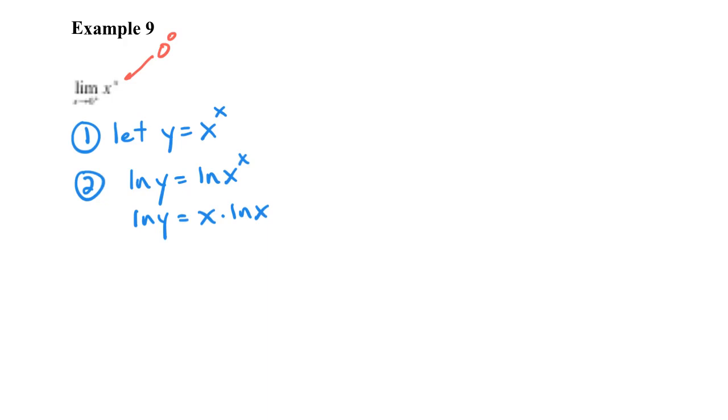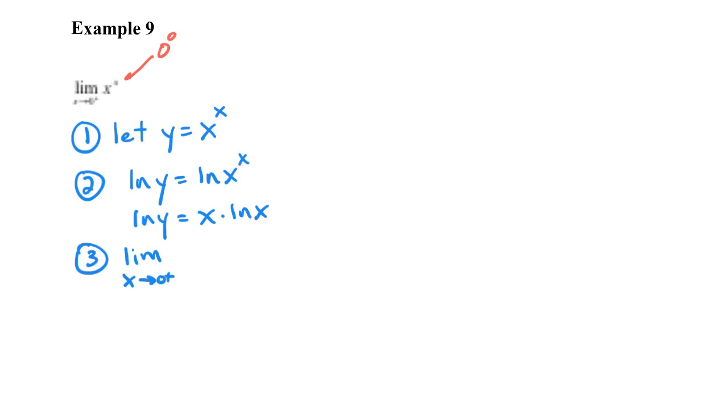Step 3 is the one where all the work is done, and then step 4, we summarize everything to get our answer. So for step 3, we take this limit as x approaches 0 from the right.